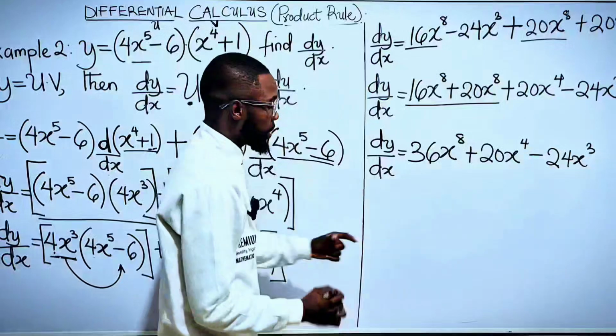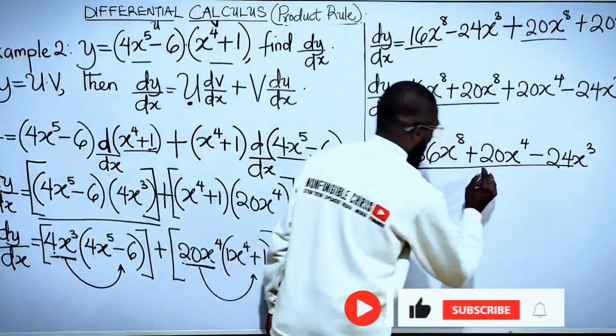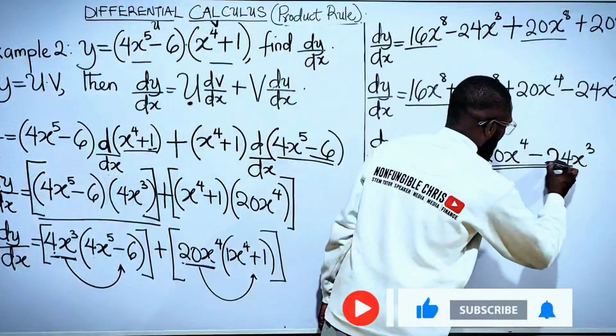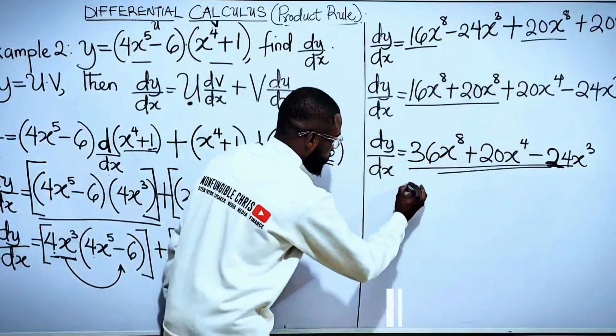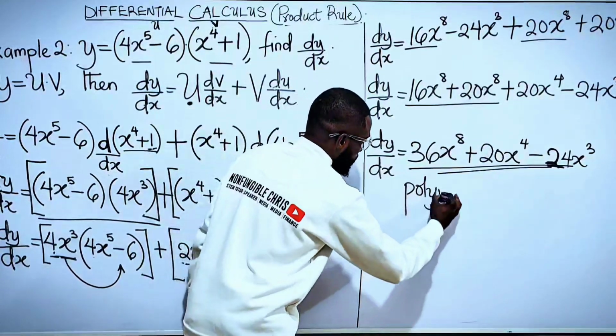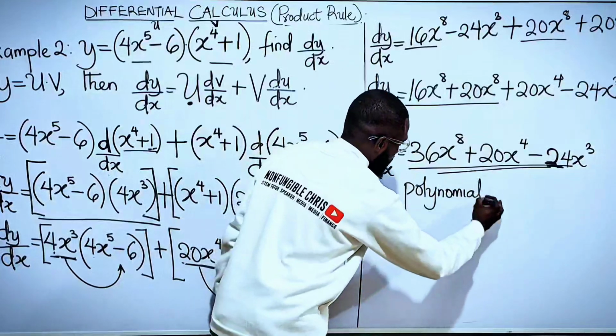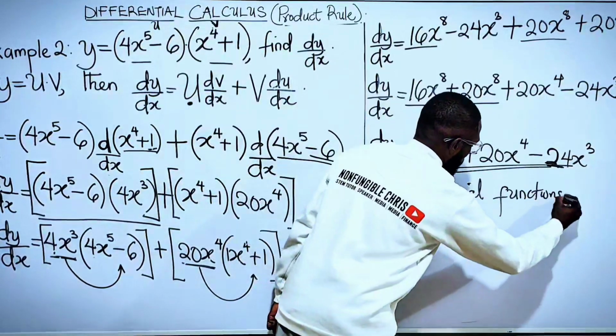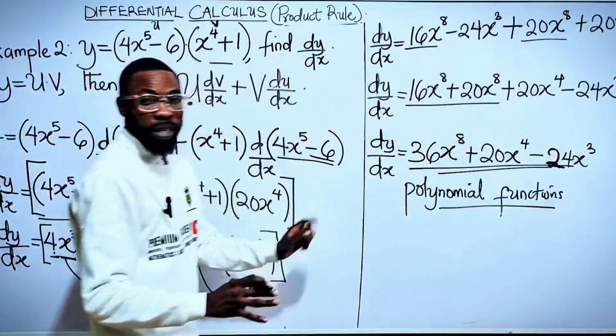So you can see that this is the final answer. We can't do anything from this, and these are known as what? Polynomial functions, right? Alright, so that's our final answer.